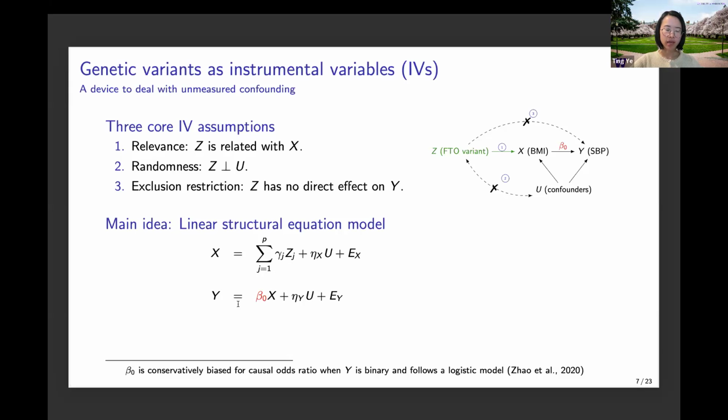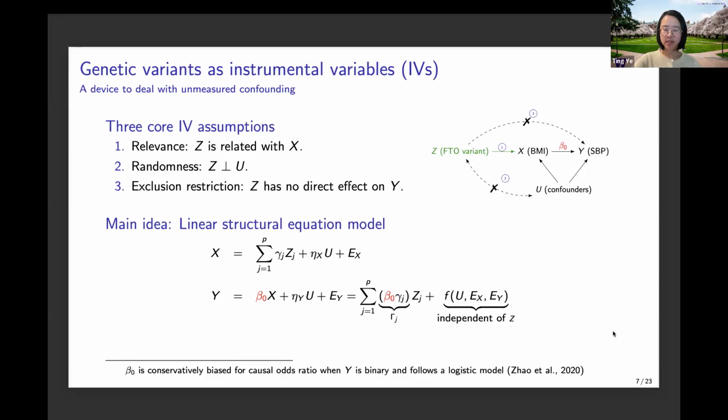And the outcome is related to the exposure, and the causal effect is beta 0, and there are unmeasured confounder and random errors. So basically, we can just plug in equation 1 to equation 2, and this gives us this reduced form, which says that the effect of Z_j on the outcome is beta 0 times little gamma j. And we denote this as capital Gamma j.